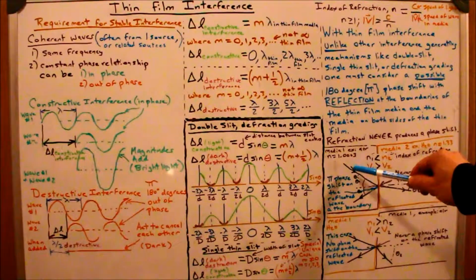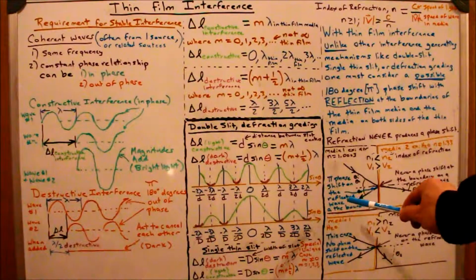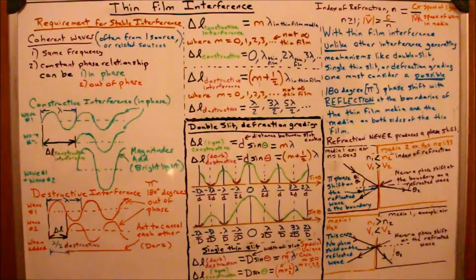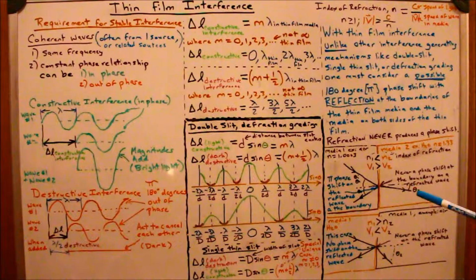So it's coming in, and say it's at a peak, the reflected part immediately jumps to become a valley, and continues on going this way. So there's a 180 degree phase shift, which we must account for to understand whether it can constructively or destructively interfere with the wave that hits the backside of the thin film and comes up. So I must account for that phase shift there.